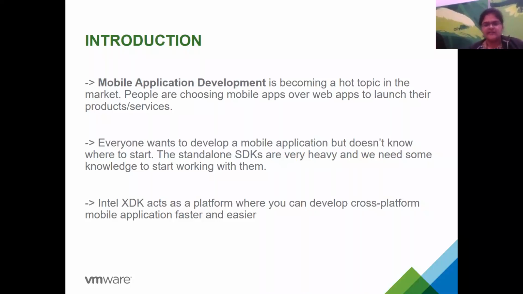Also, as the name suggests, it is specific to Android. There are also several iOS SDKs in place, but one of the very big advantages of Intel XDK is that it is cross-platform compatible.